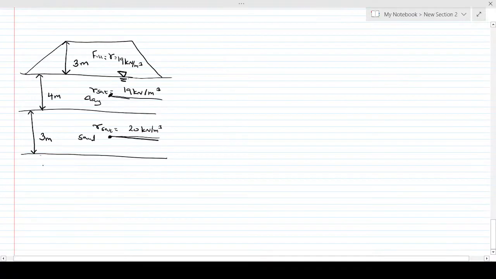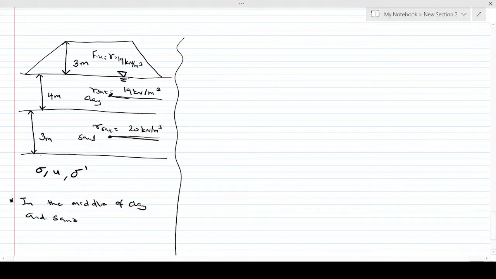Now, we are to determine the total stress, the pore water pressure, and the effective stress in the middle of the clay and sand. So let's begin.